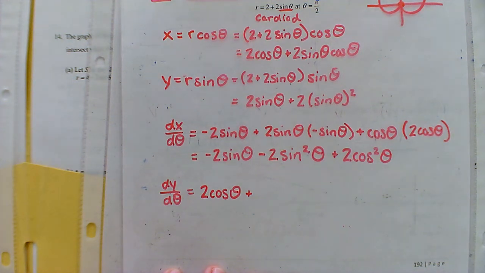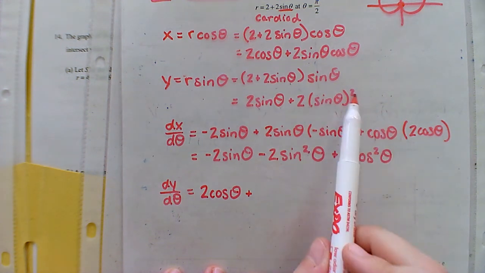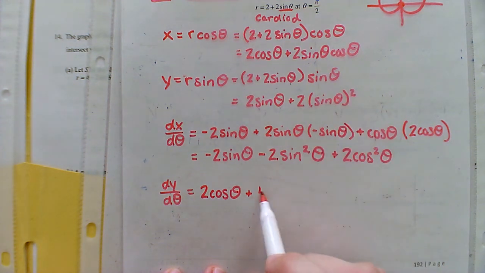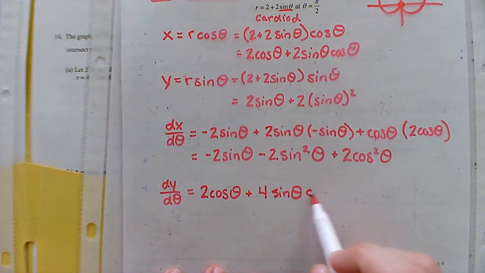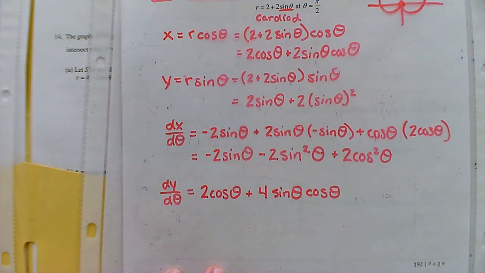What derivative shortcut can we use there? Go, Cameron? The chain rule, right. So let's bring down the 2. That'll change to a coefficient of 4. We keep the inside of sine. Our new power would be 1, so you don't have to write that if you don't want to. But we've got to finish off the chain rule by multiplying by the derivative of the inside, which would end up being cosine.